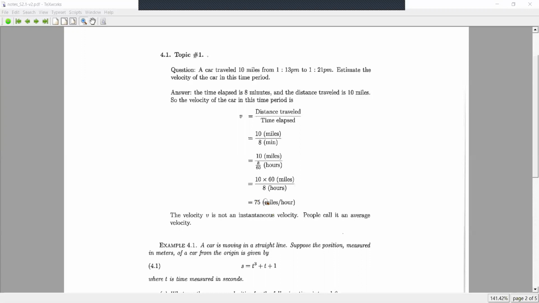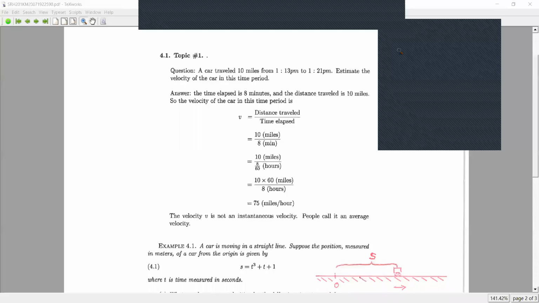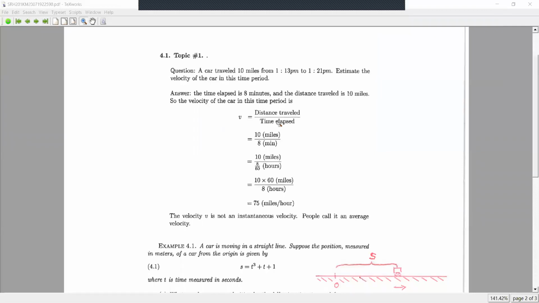Precisely, 70 miles per hour is the average velocity of the car in this time period. This formula is a formula to compute average velocity, not the formula to compute instantaneous velocity.